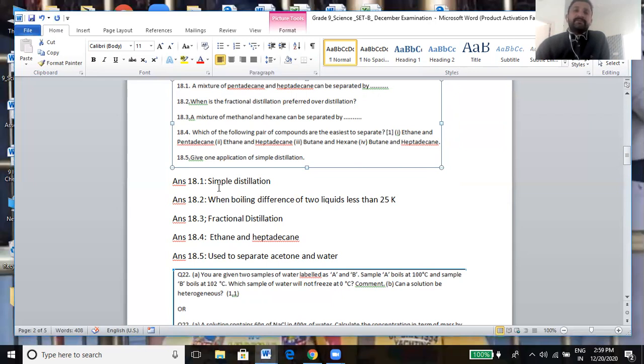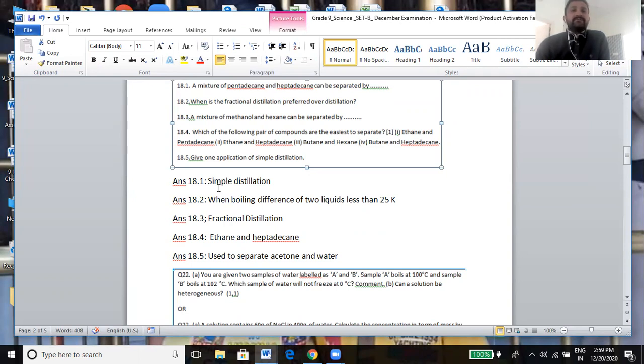It is preferred only when the boiling difference of two liquids is less than 25 Kelvin. A mixture of methanol and hexane can be separated by fractional distillation because the boiling point difference is less than 25 K. Which of the following compounds are easiest to separate? The answer is ethane and heptadecane. If you see their boiling difference, then you can easily understand.